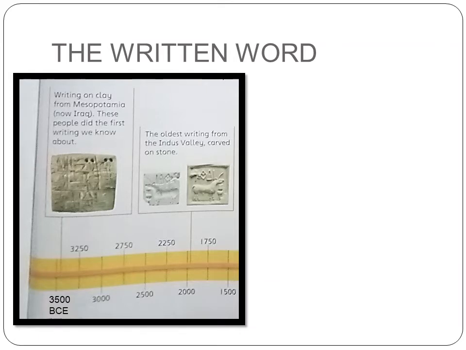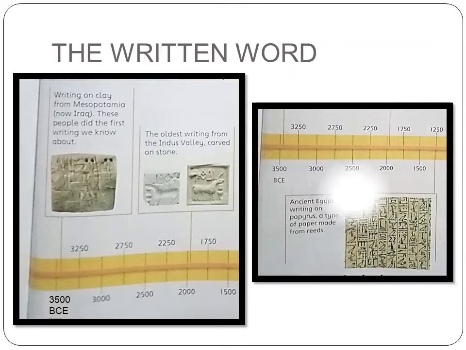So, from the clay, we now move on to 2000 BCE, the oldest writing from the Indus Valley carved on stone. Then the timeline reaches somewhere near 1250 BCE, where we see ancient Egyptian writing on papyrus, a type of paper made from reeds.